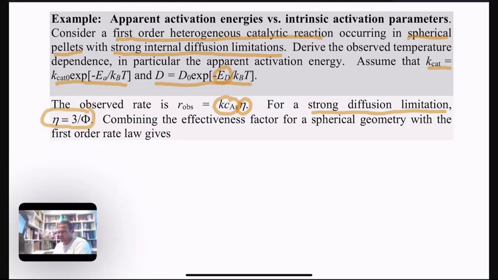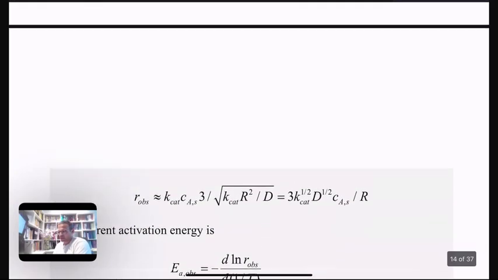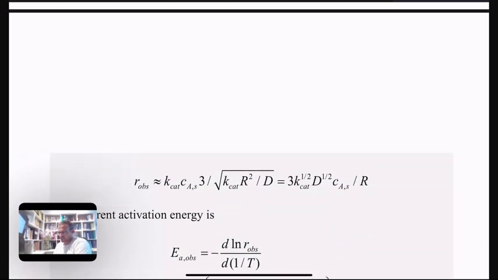So that means that if we write down the rate that we would observe here, we would get k_cat times C_A,s times 3, and I've written out the Thiele modulus right down here, the square root of k_cat times r squared divided by D. And now what I'm going to do is just collect all my terms and move everything upstairs with the appropriate power. So I've got a factor of 3, an r in the denominator. I've got a factor of C_A,s, and I've got a D to the 1/2 and a k_cat to the 1/2. So, of course, 3 and C_A,s and r, these are not functions of temperature.